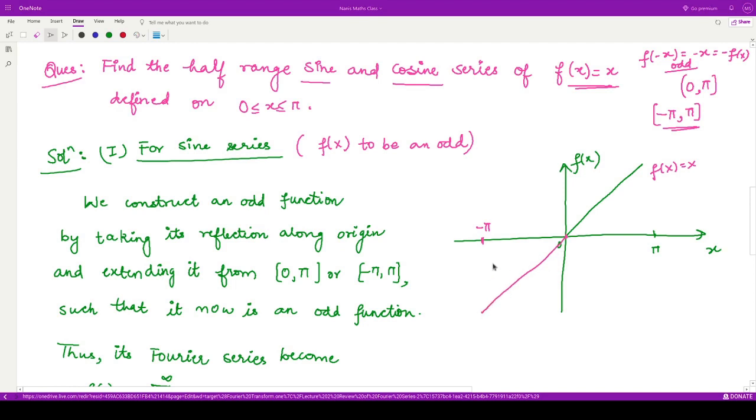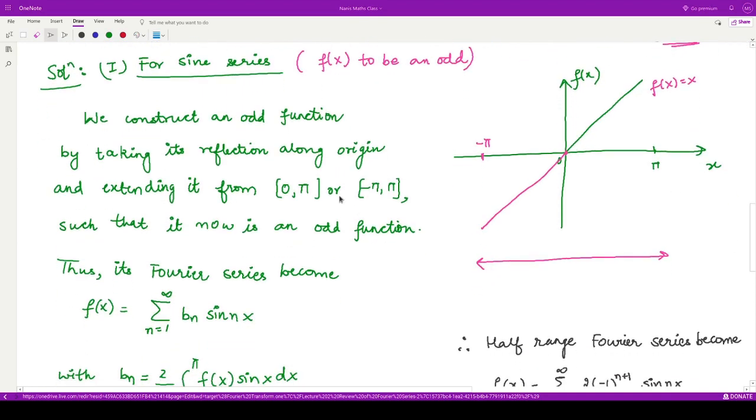So now you can say in this complete interval minus pi to pi, your function behaves as an odd function. So we have to do a construction over here to make our function an odd function. What we have done is taken its reflection along the origin and extended it from the 0 to pi interval to the minus pi interval such that it now behaves as an odd function.